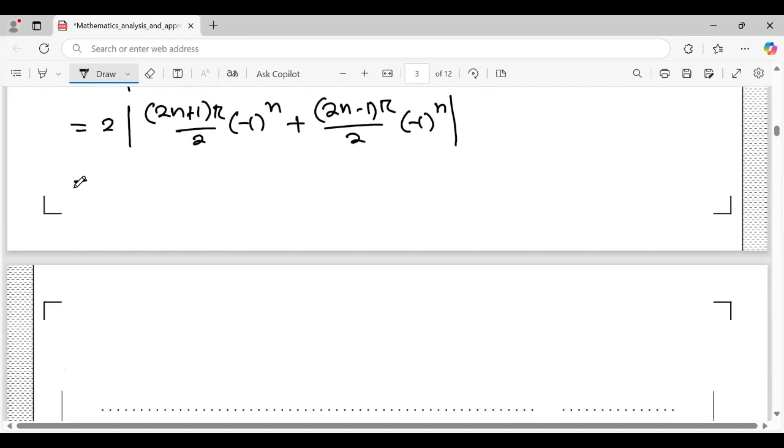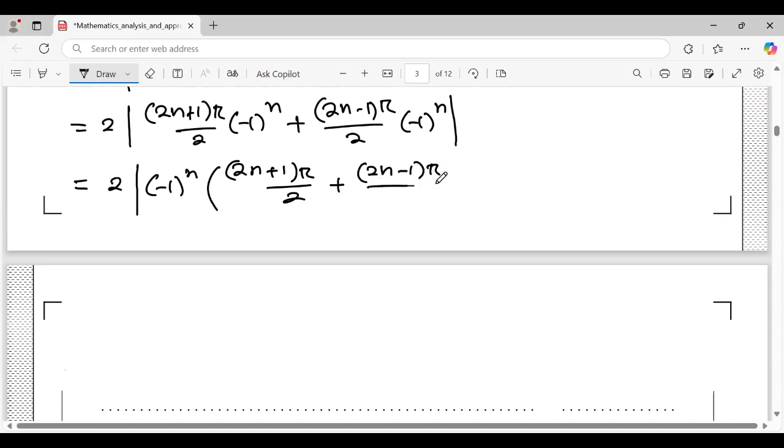And the next step, I would like to factorize minus 1 power n times 2n plus 1 times pi half plus 2n minus 1 times pi half.